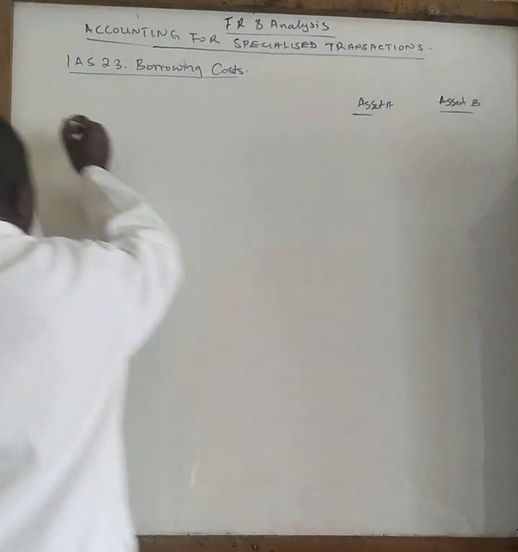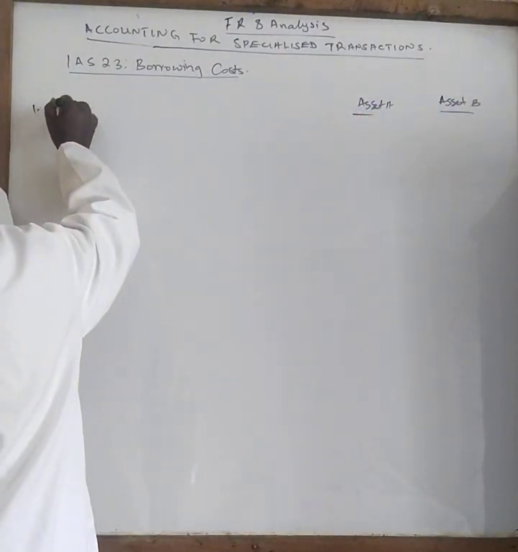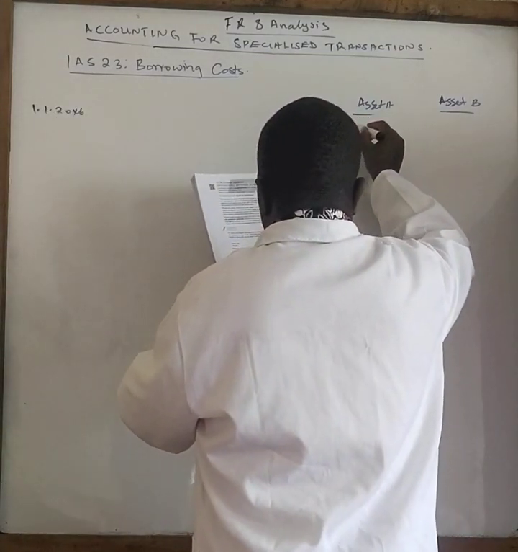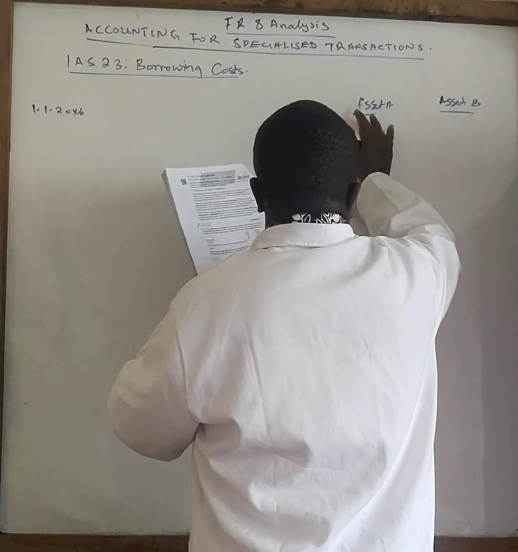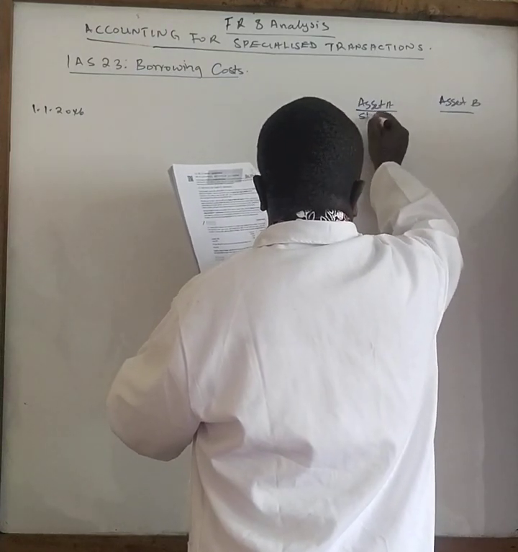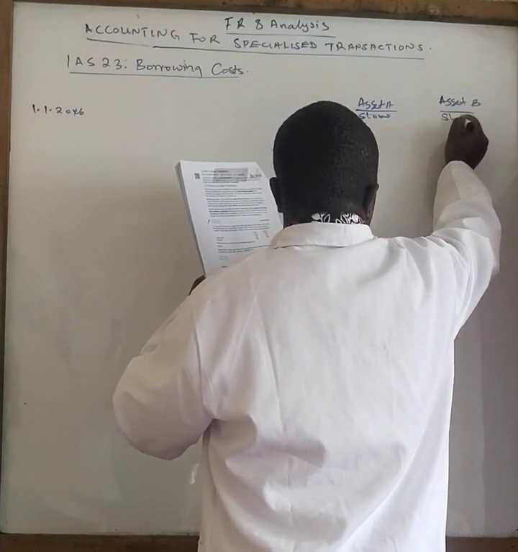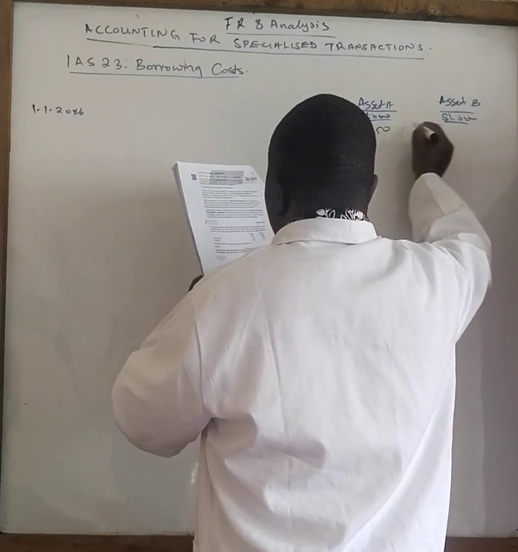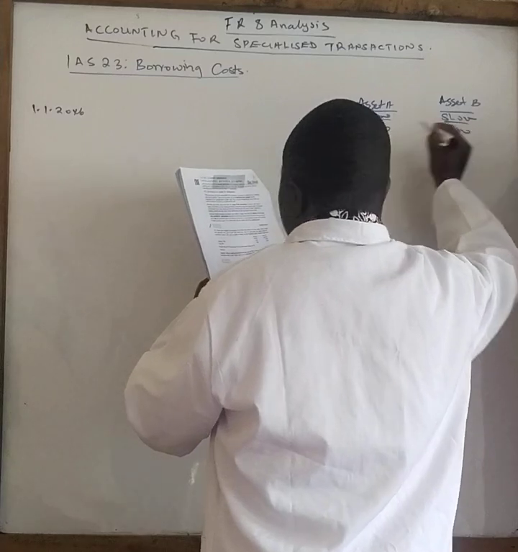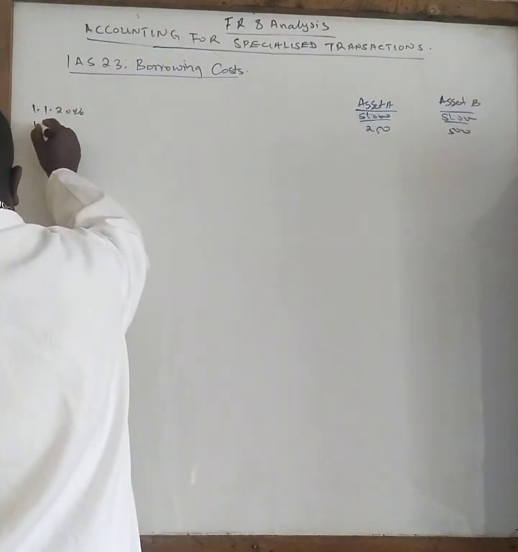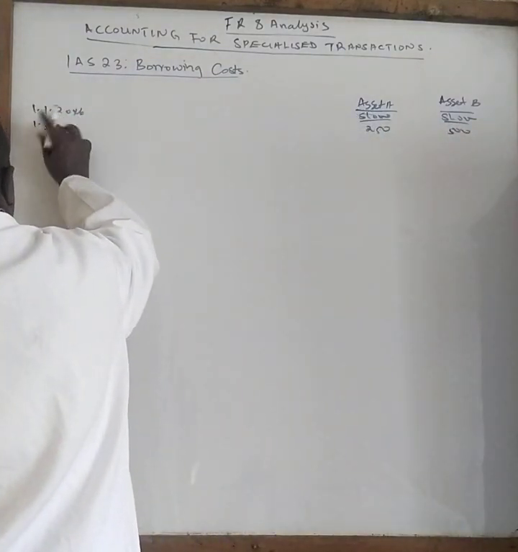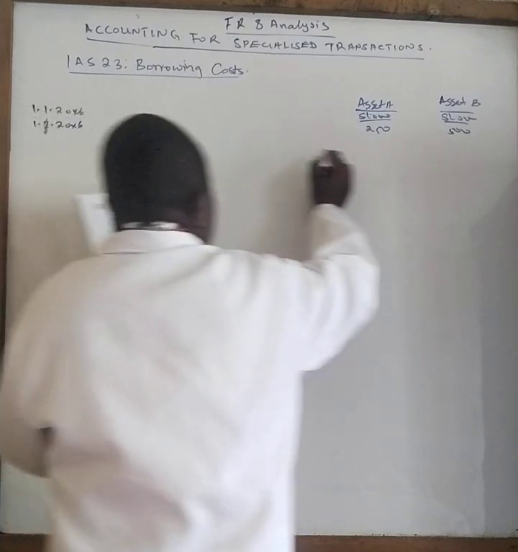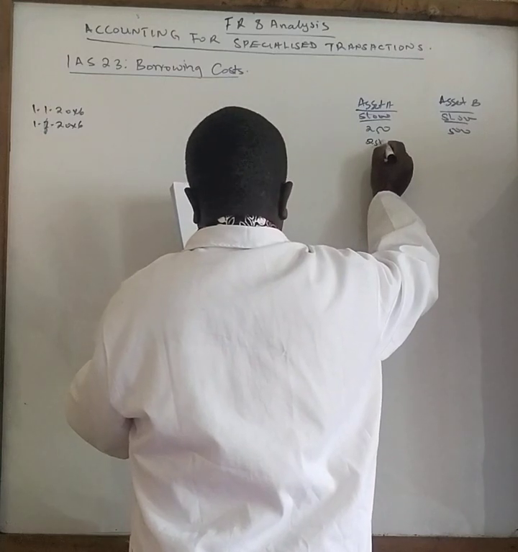So they are saying here, 1st of January 20x6, it is in thousands. So we have 250 here, we have 500,000 there. Then 1st of July 20x6, we need 250.